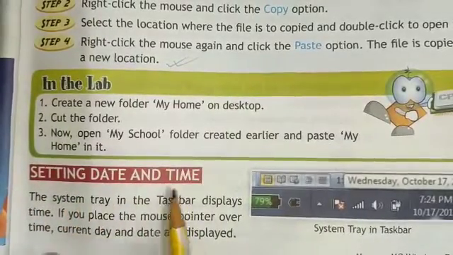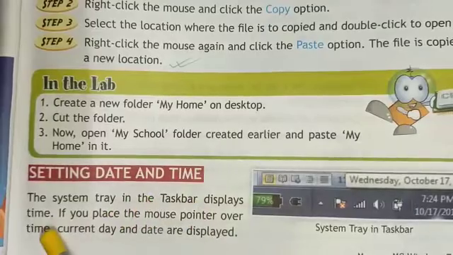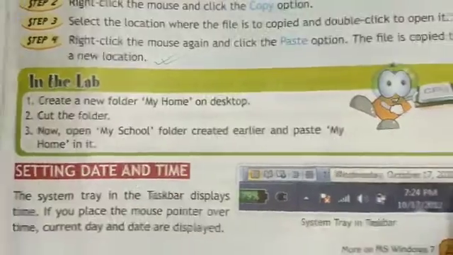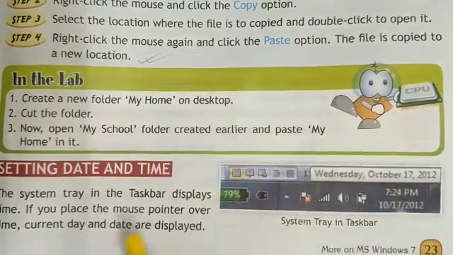Setting date and time. The system tray in the taskbar, this is the system tray, displays time.